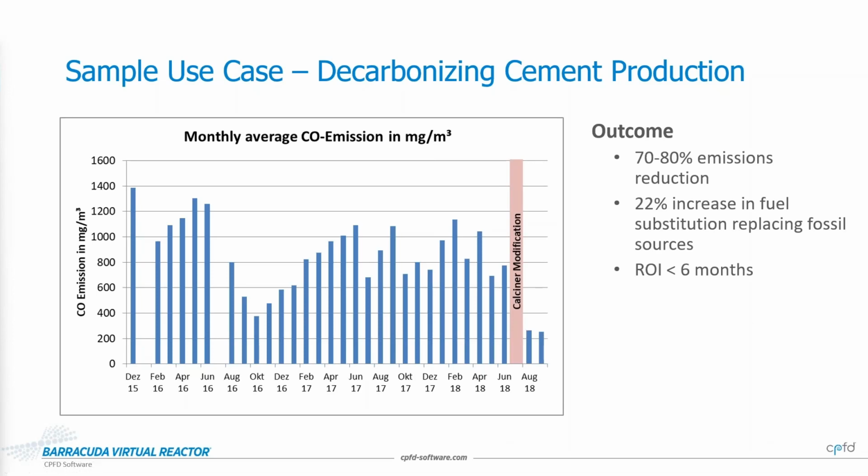The CO, the carbon monoxide emissions, went down 70 to 80%, which is a really good thing. But they were able to do it while also increasing the fuel substitution an additional 22%, replacing coal with waste streams, with refuse-derived fuels. This paid for itself, not the simulation, it paid for the entire retrofit in less than 6 months.